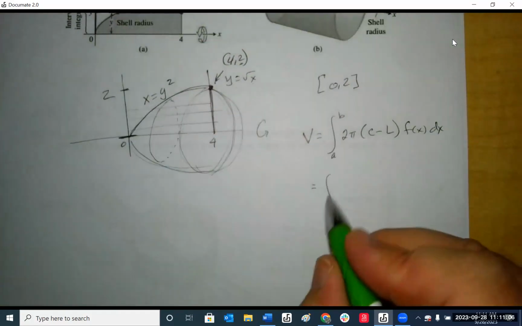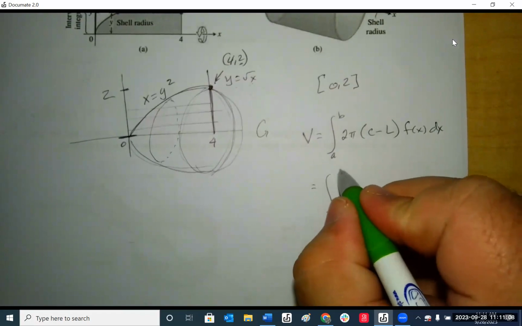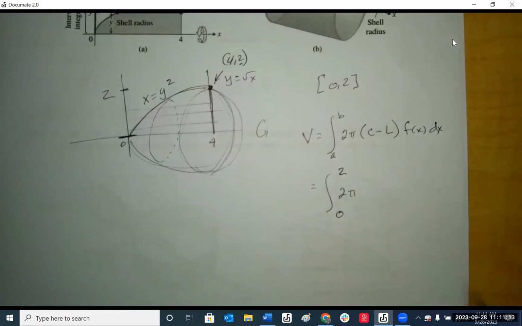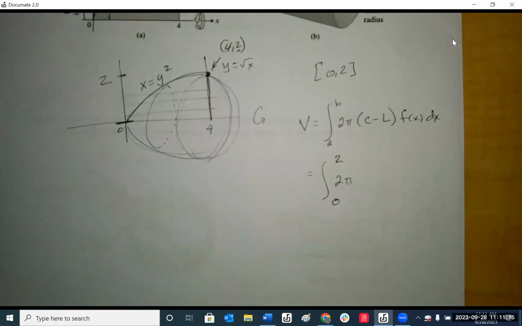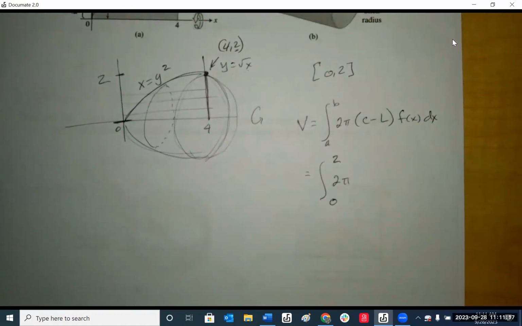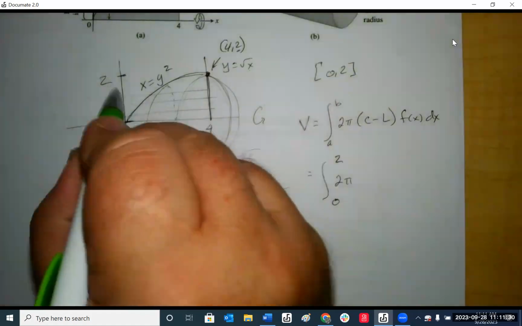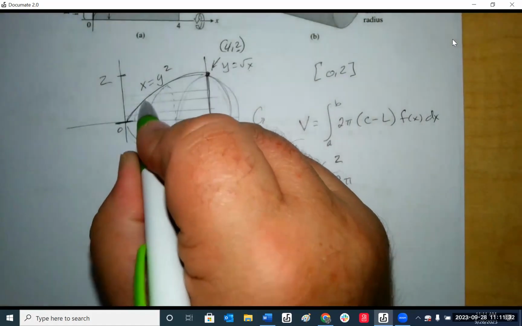So we're going from 0 to 2, 2 pi. The shell height is what? No, that's the maximum. The shell changes height.